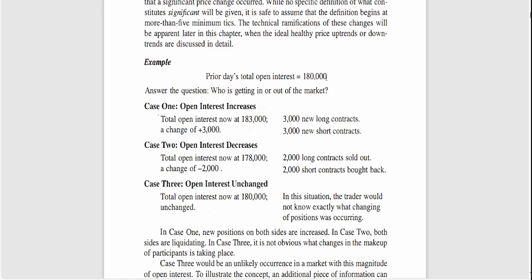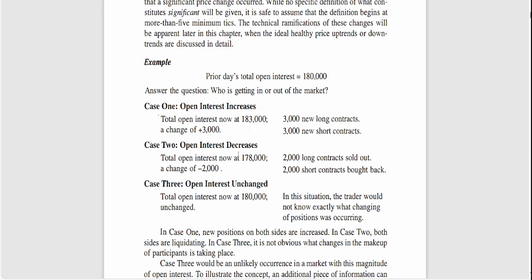Let's say the open trades on gold were 180,000 contracts. Next day we saw that open interest increased and the positions are now 183,000. So there is a change of 3,000 contracts. It means either 3,000 buy trades opened or 3,000 sell trades opened. These 2 possibilities are in front of us. Basically both are the same thing.